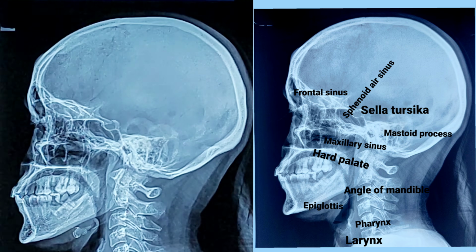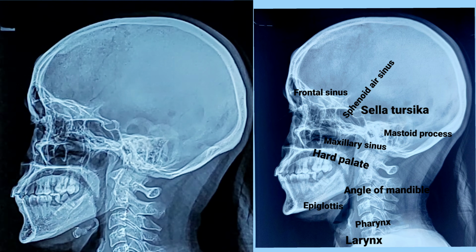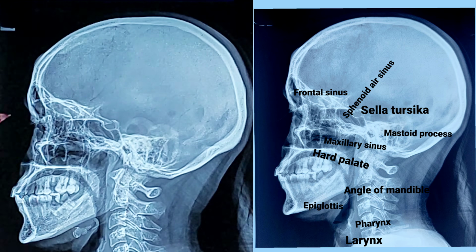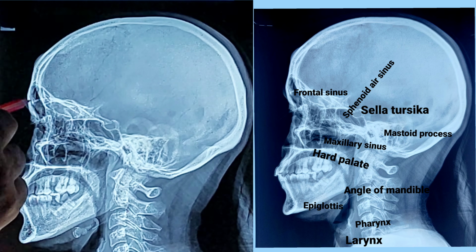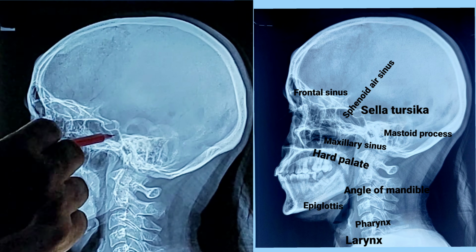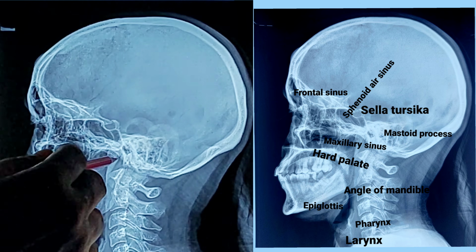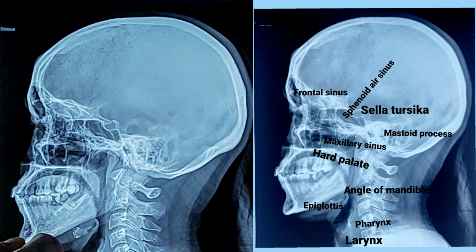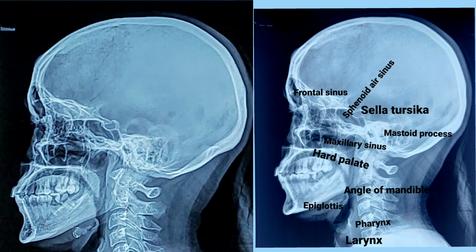So these are the main radio-opaque areas we can see. Then what are the radiolucent areas? Here one radiolucent area you can see, here another radiolucent area, here another black area, meaning it contains air. Now we have to know what these areas are.